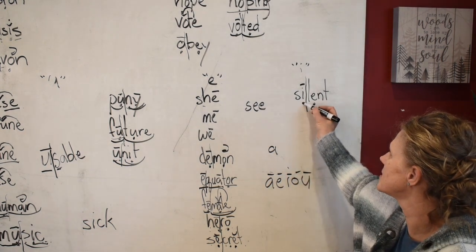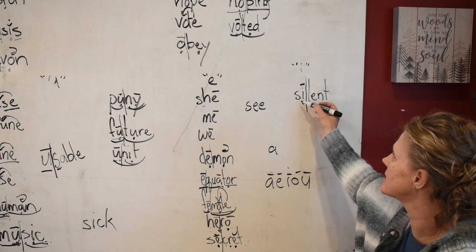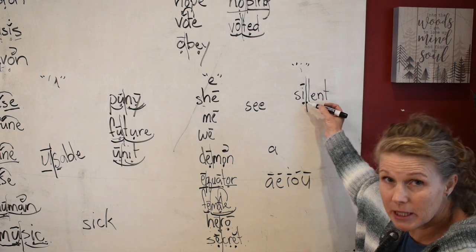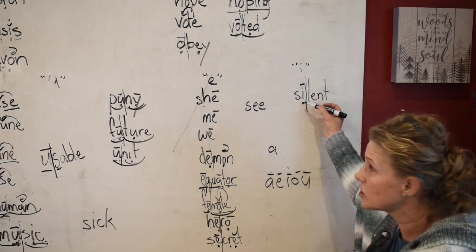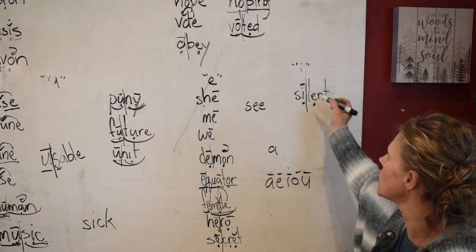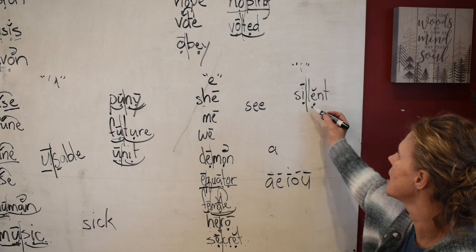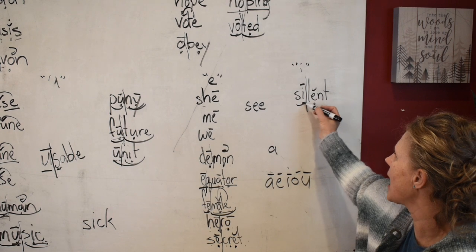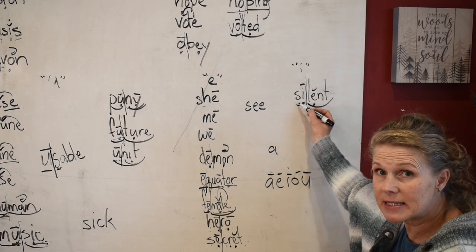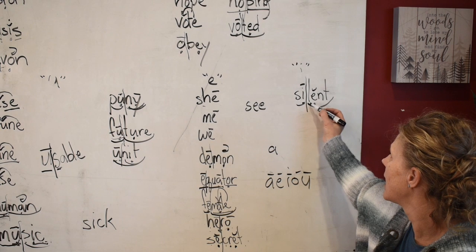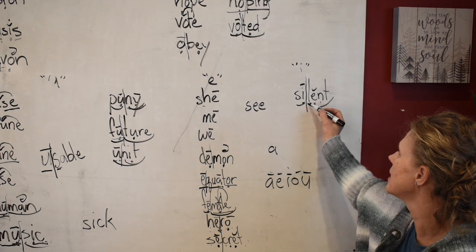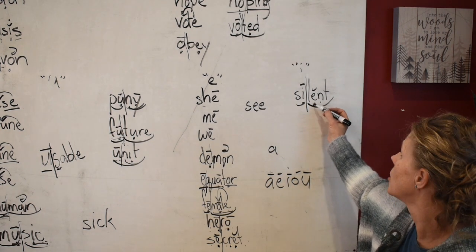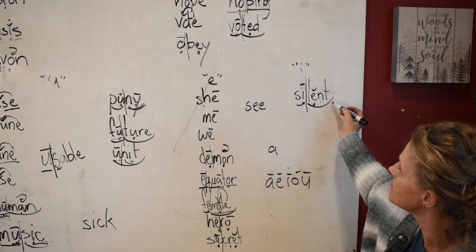So this says "si," because it's open. It's saying its long sound, and this is short: "lent." Silent. Open syllable, closed syllable.